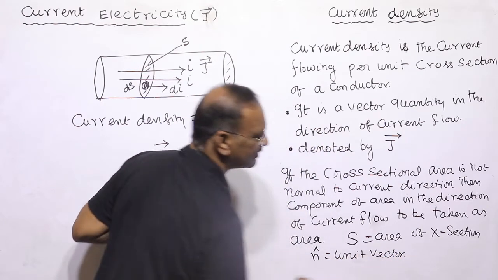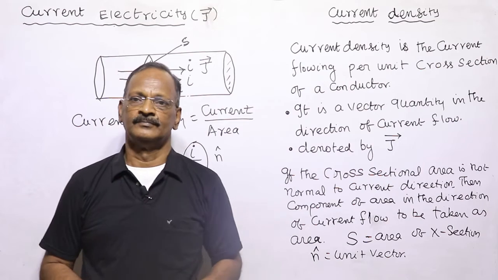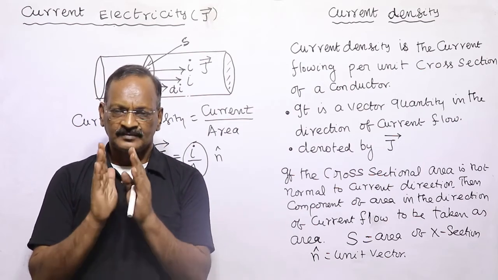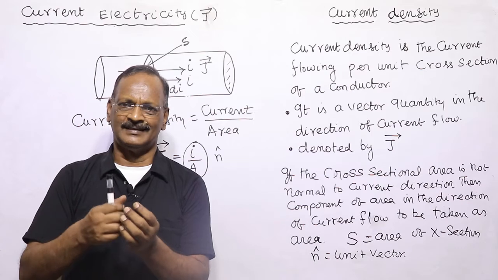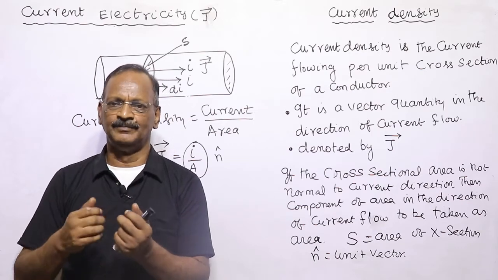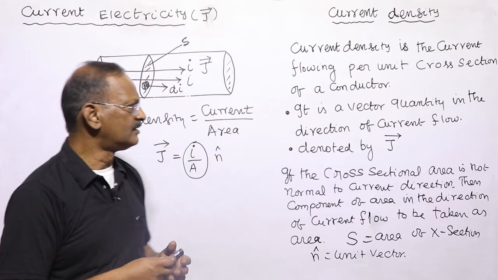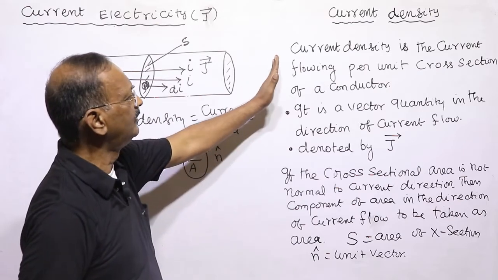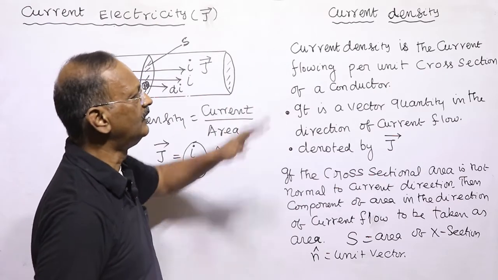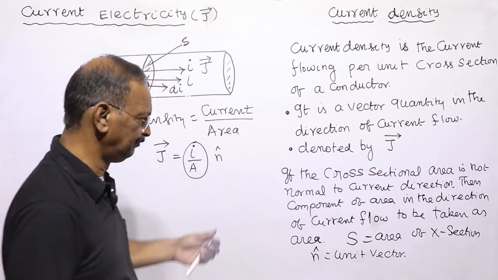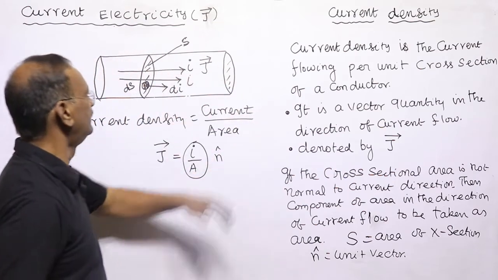You must have studied vectors in plus one. If two vectors are cross multiplied, the resultant is also a vector, and that is A cross B. We can say A cross B is equal to A into B into sin theta and a unit vector in the direction of the vector. So this is the unit vector in the direction of current density.